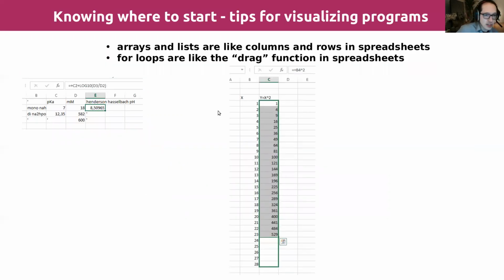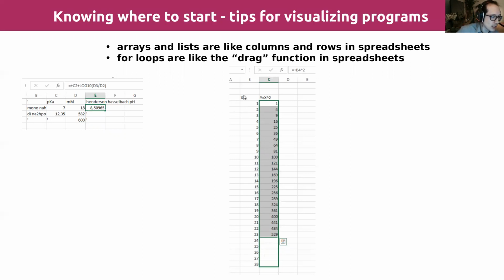And this can be a bit tricky, dealing with these arrays. And I realized this. I think one thing that can be helpful is, most of us are really used to working with spreadsheets, and arrays in Python or in programming are really similar to columns and rows in spreadsheets.